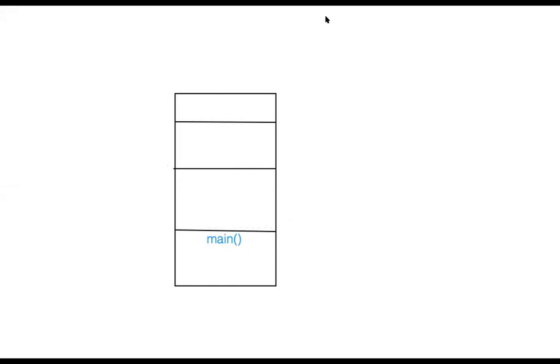Now in main, you have called the message function, so it will load the message function into the stack memory. In a stack, when a new item is inserted, it is inserted at the top. So message will be at the top of main.